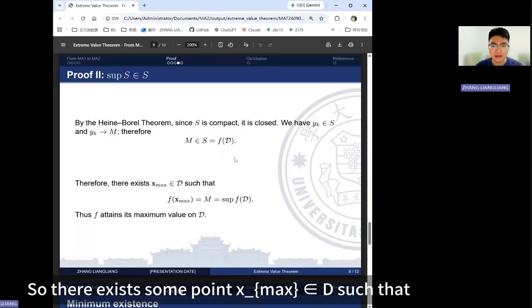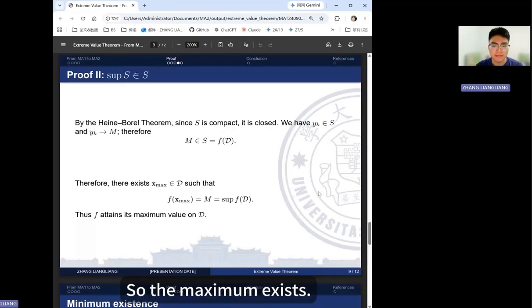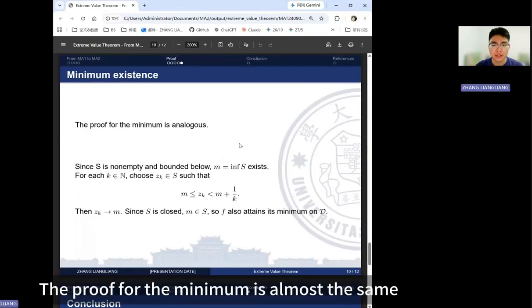So there exists some point x max in D such that f(x max) equals M. This means f reaches its maximum value on D. So the maximum exists.